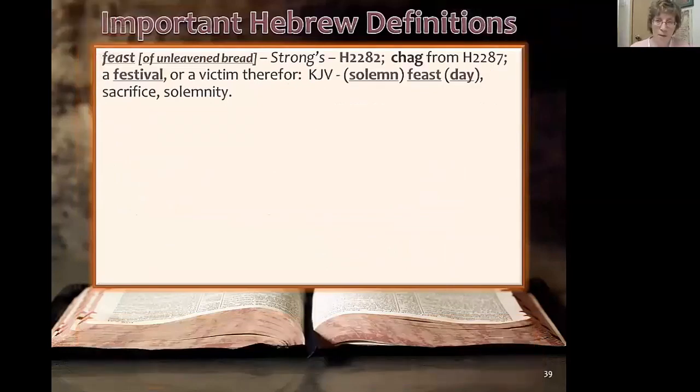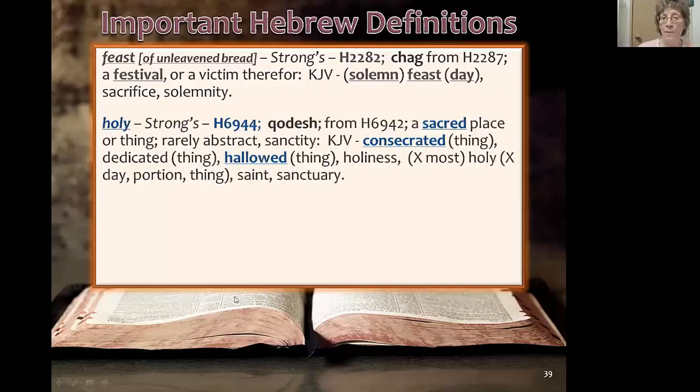These are important Hebrew definitions, and we're going to look at them because they're going to come up. Feast, again, is 2282. It's Chog. I'll have Tim pronounce that for me at the end of the session. But it says it's a festival, and it also says it's a solemn feast day. There'll be sacrifices on it as well. The word holy is 6944 or Kodesh.